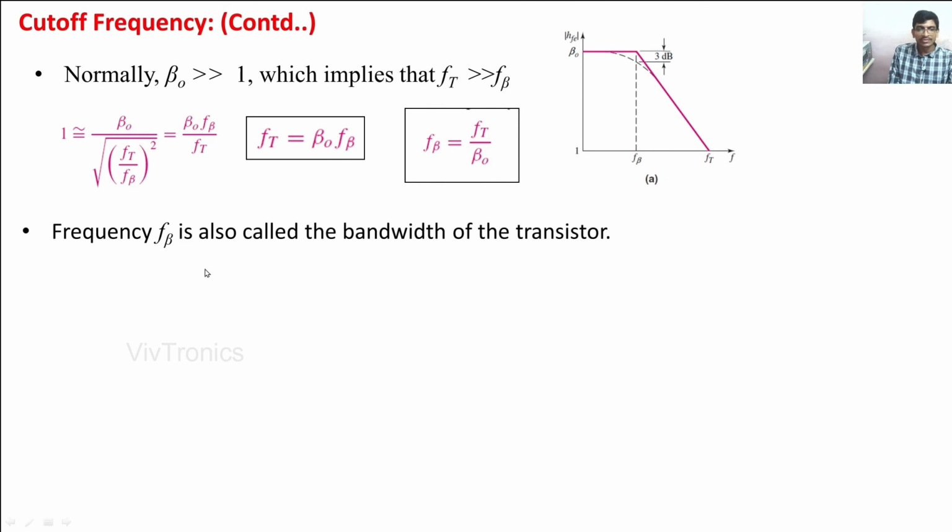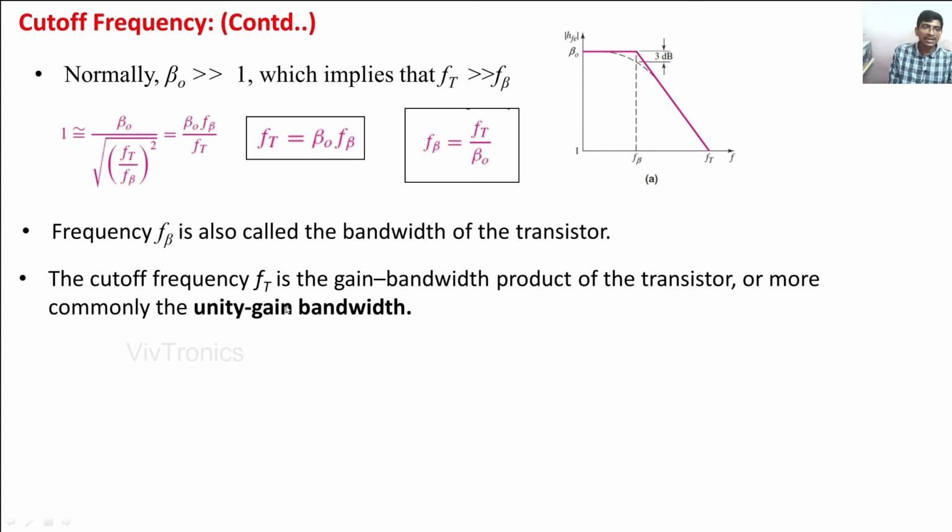The frequency f beta is called the bandwidth of the transistor, or the corner frequency, and the cutoff frequency ft is the gain bandwidth product of the transistor, because the gain at ft will be equal to unity.